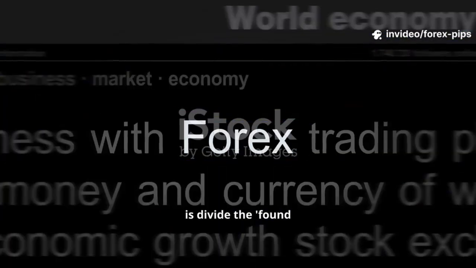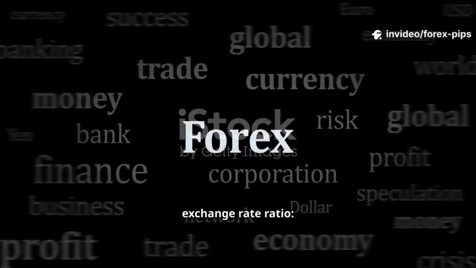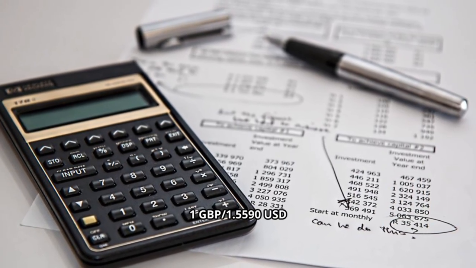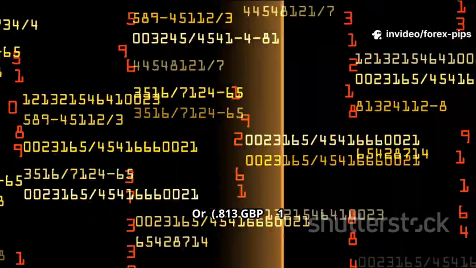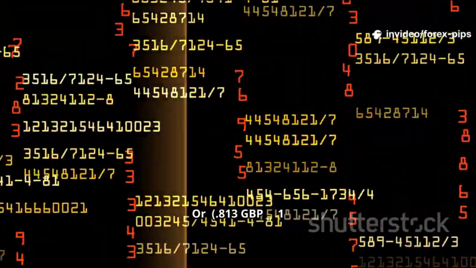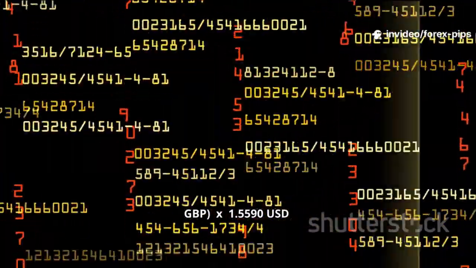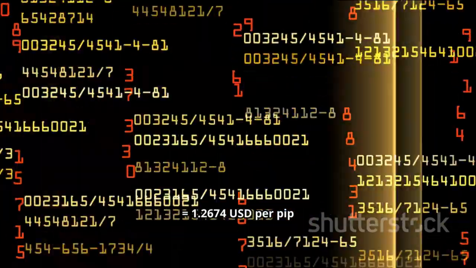If the currency you are converting to is the counter currency of the exchange rate, all you have to do is divide the found pip value by the corresponding exchange rate ratio. 0.813 GBP per pip x 1 GBP/1.5590 USD, or 0.813 GBP/1 GBP x 1.5590 USD = 1.2674 USD per pip move.